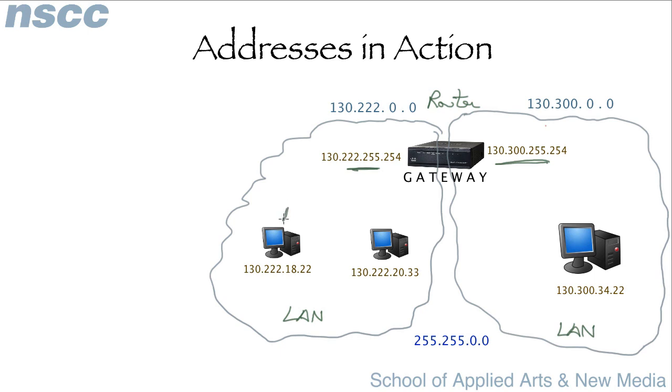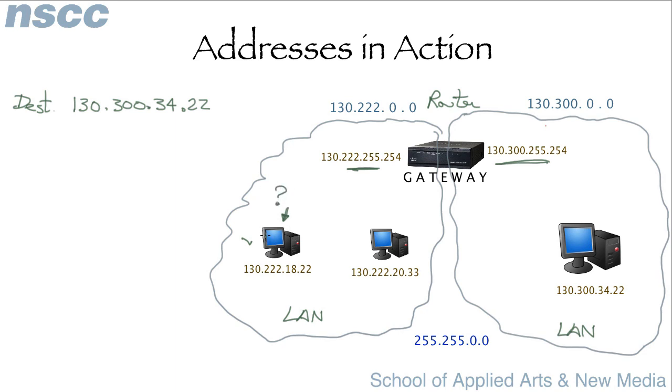Now we're going to consider this machine here. Let's suppose this machine wants to send a packet to an IP address. Let's suppose the destination address is 130.300.34.22. So this machine has to make a decision.